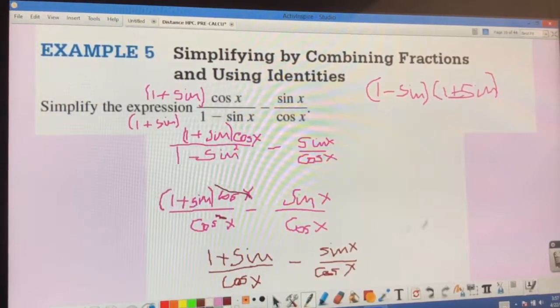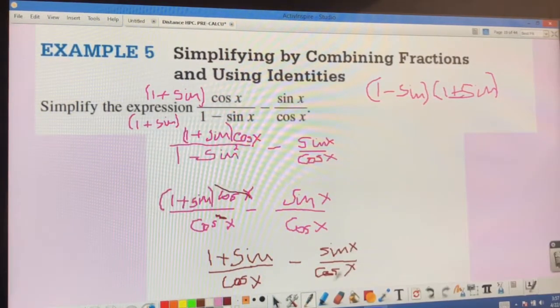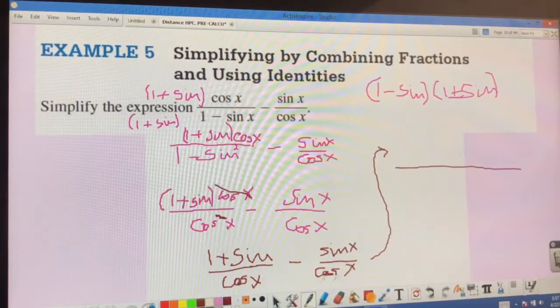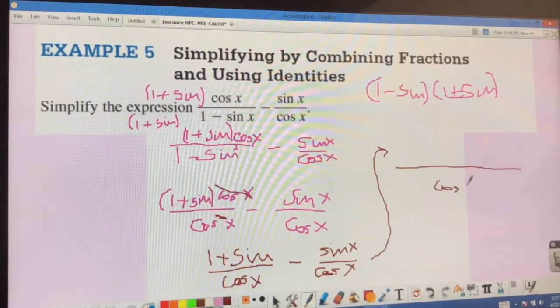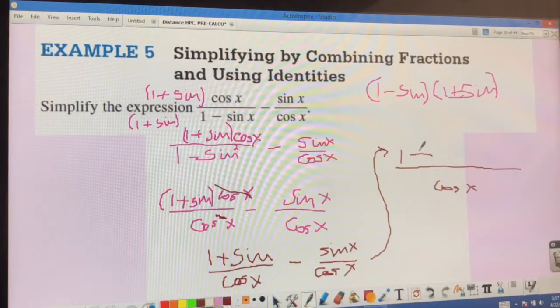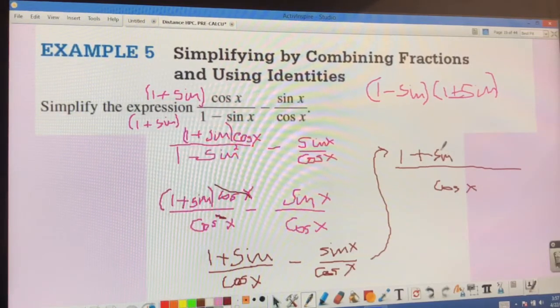Okay. So now you have your common denominator, right? So you can write them in one common denominator. That will allow you to simplify the top, the numerator. So you just put one cosine of x, no square. It's just one common denominator. So now you got your first part right here, minus your second part.